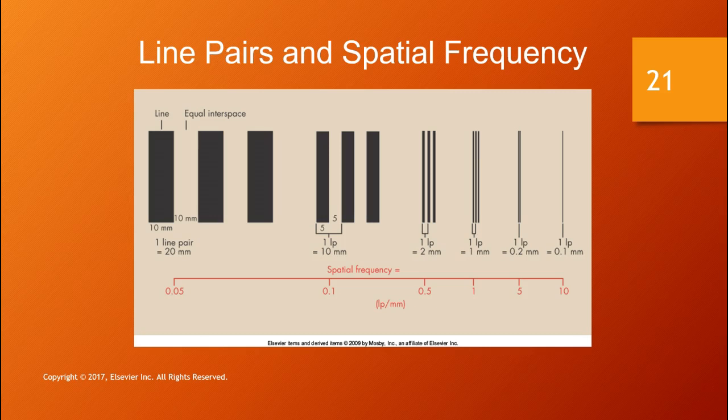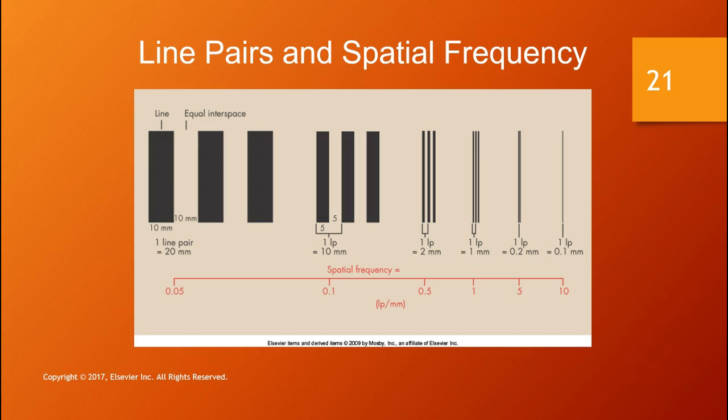This is high resolution. The opposite, of course, is true for low resolution. A signal that has a longer wavelength represents a lower frequency, pairs of lines that are further apart. That is low resolution.